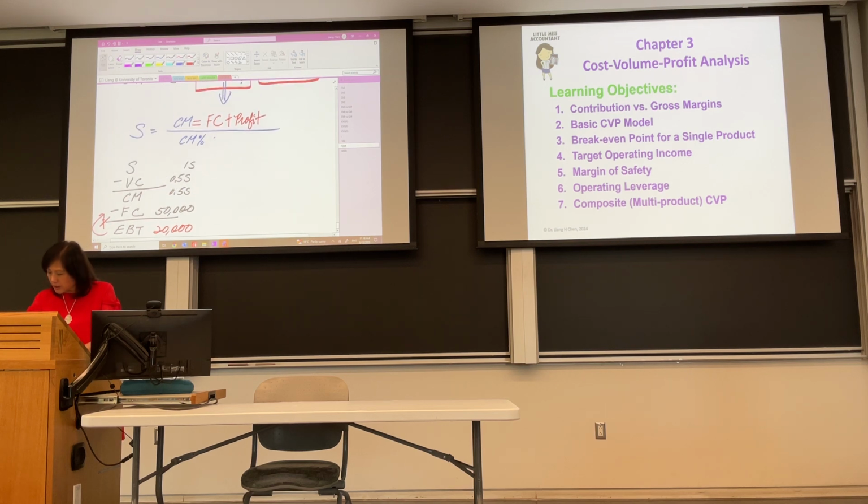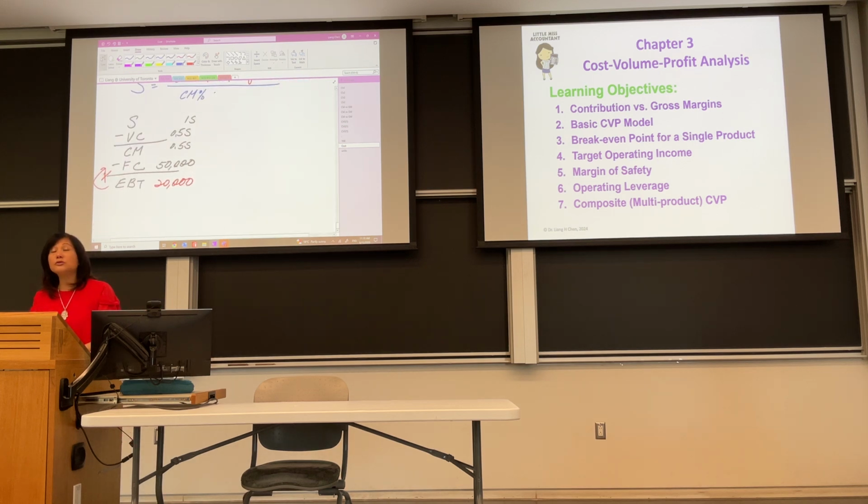Okay? If you don't want to have a profit, it's called break even. If you want to have a profit, what kind of profit? Before tax? After tax? Okay, so I also show you how to convert from after tax to before tax. Suppose the company pays 30% tax.